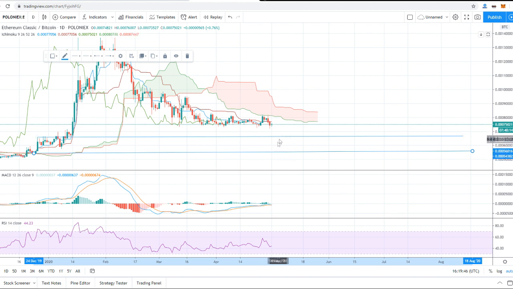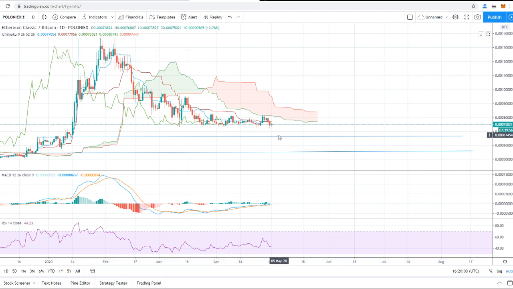If the Ethereum Classic falls under this level, I'll be buying Ethereum Classic. This is the buy zone from me, 0.0055 and 0.0006. So don't buy in one go, always buy slowly. Start making a bag of Ethereum Classic because this thing is going to moon in the next couple of months or so.